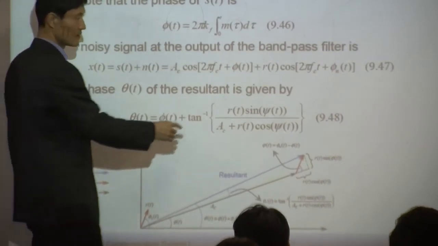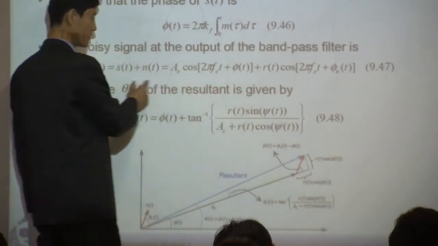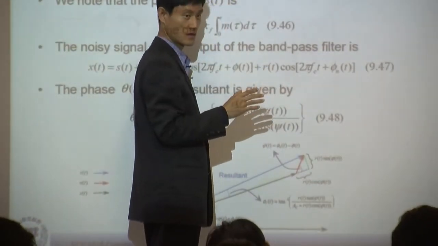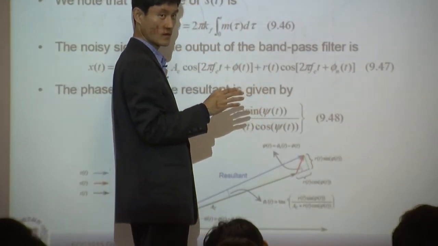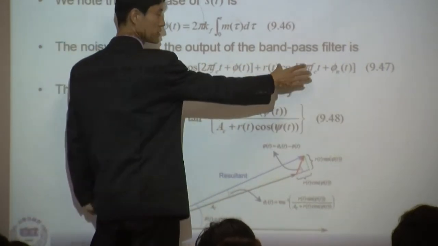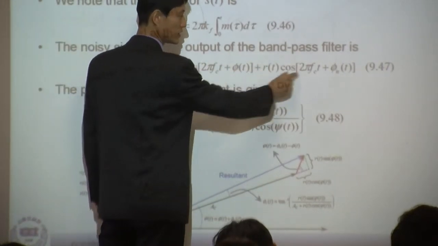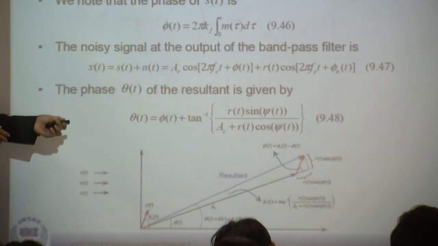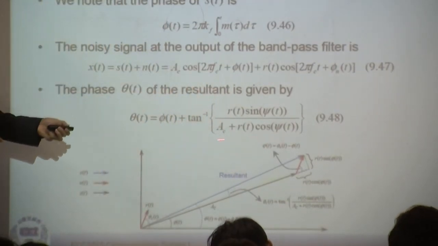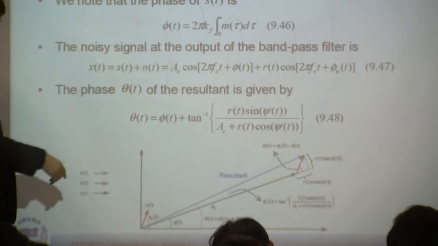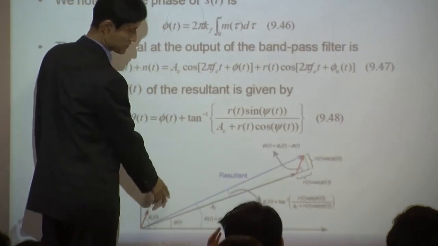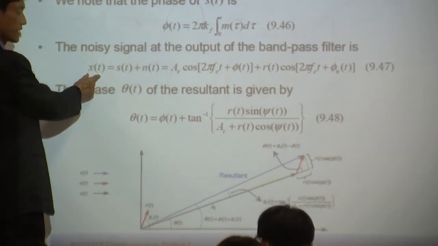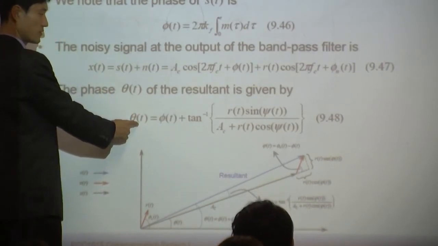It's not like the phase of x t is phi t plus phi n t. We have two vectors, and you cannot simply add these two phases. That's not the answer. You need to draw the vector diagram like this, and then calculate the phase of your x t.